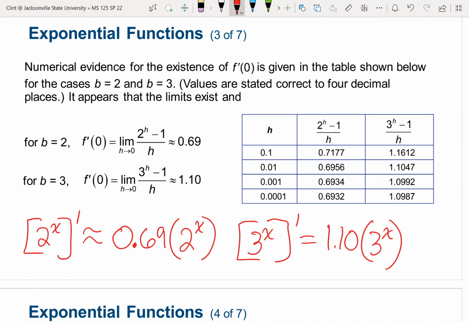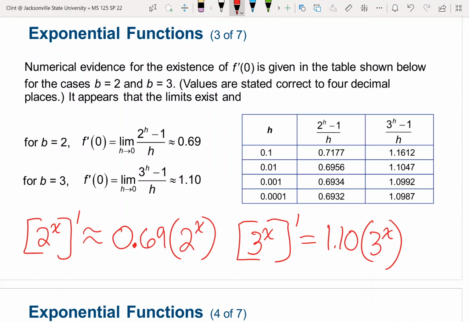The thing that our textbook is about to make a big deal about, and rightfully so: if we look at these f prime of 0 numbers, for 2 we get about 0.69, and for 3 we get about 1.10.